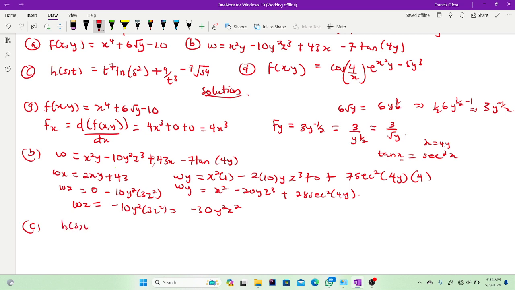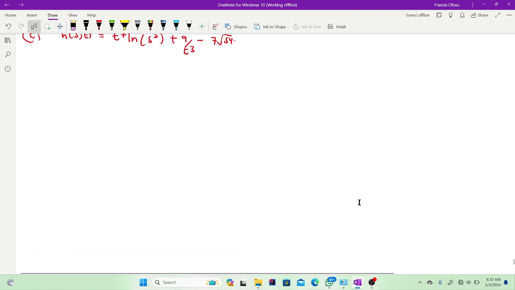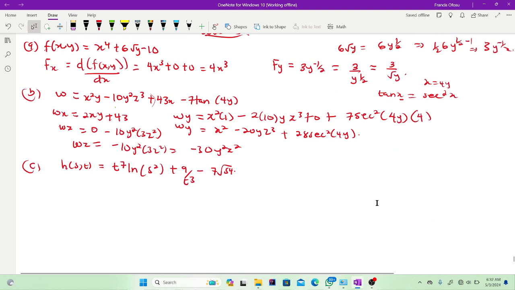h of s,t is equal to t to the power 7 natural log of s squared plus 9 over t cubed minus the 7th root of s to the power 4. So let's solve this. So it's h of s,t, right?